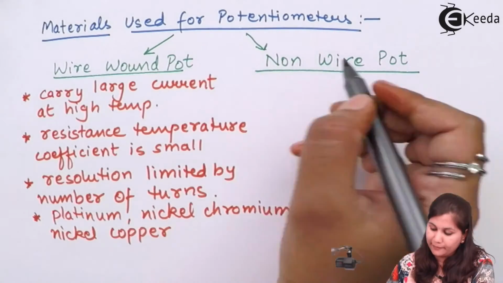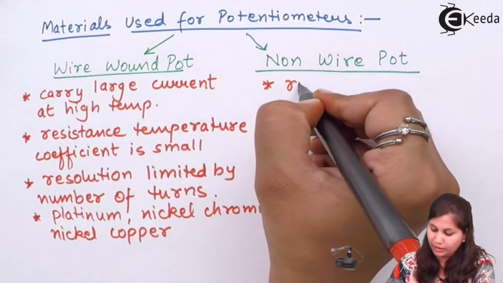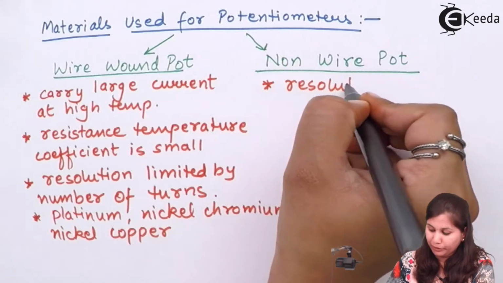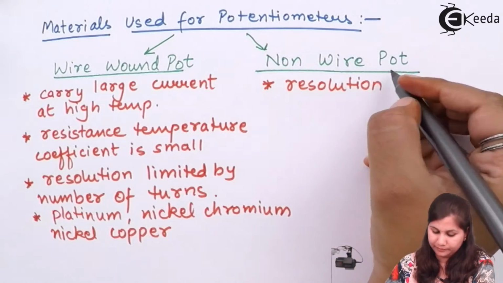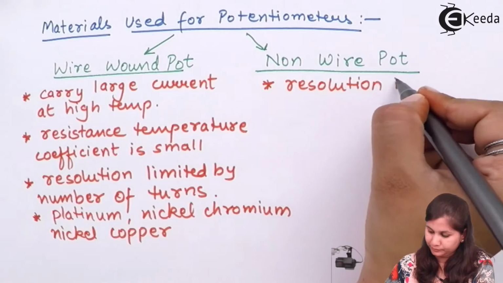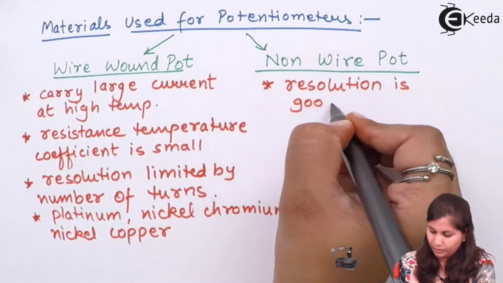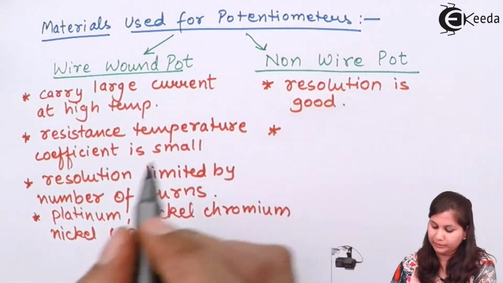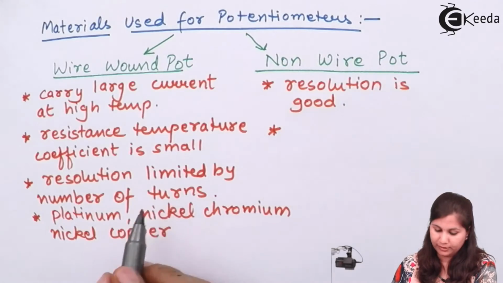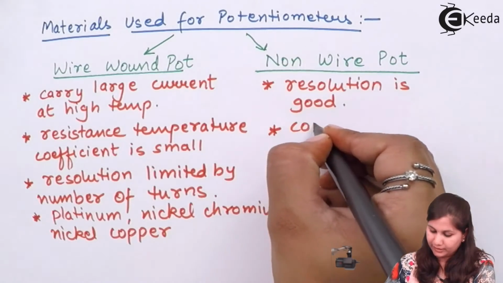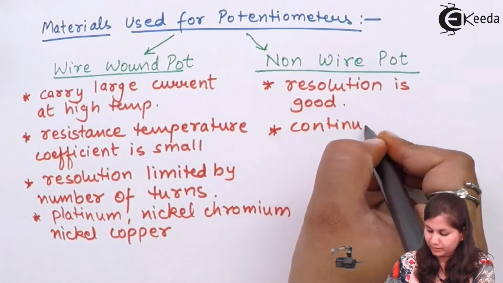Whereas in the non-wire potentiometer, the resolution and the life of the potentiometer are very good. Also, this resolution is not limited by the number of turns. They are known as continuous potentiometers.